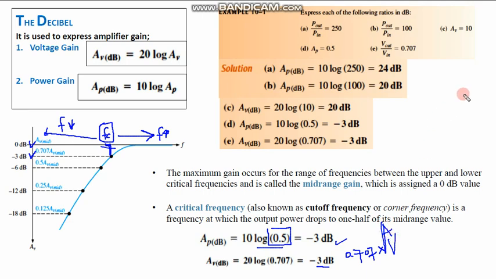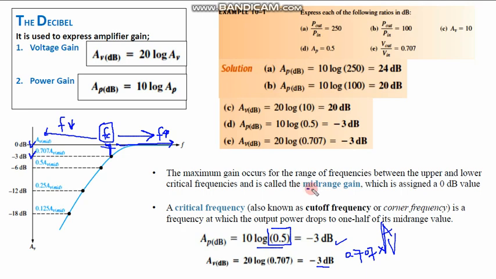So let's talk about the mid-range gain. What is the mid-range gain? It is the gain for the frequencies where the gain is constant. This is the range of frequencies which corresponds to a constant gain, where the gain doesn't change, it doesn't drop.